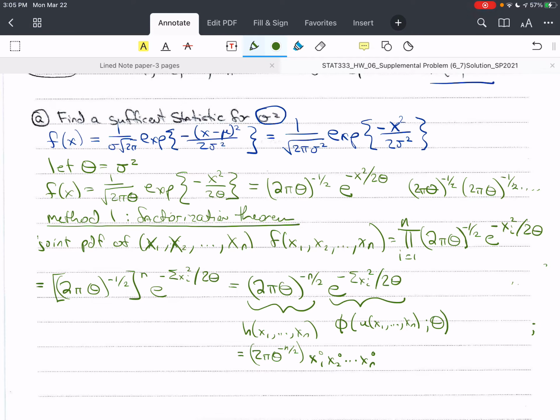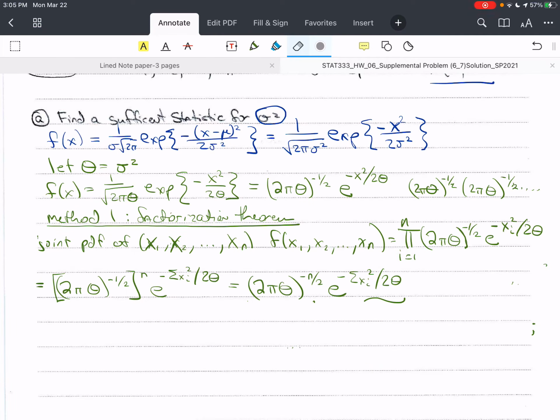Oh, I'm sorry. I need to do something better than this. I have theta still over here. So I need to move theta out of this. Sorry, I need to rearrange my formula. This is going to be (2 pi) to the negative n over 2. Then theta to the negative n over 2.